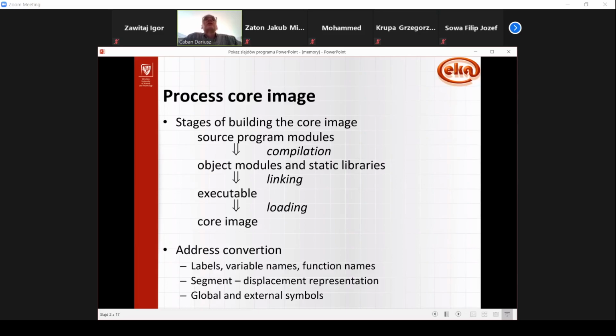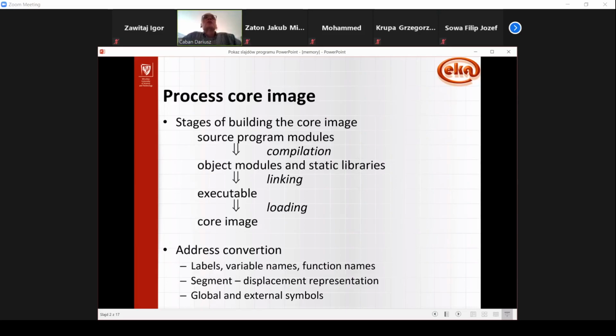Some of the addresses cannot be converted at this moment during compilation because you don't know where in the program the function or variable that you are referring to will be situated. That depends on where it was declared, probably. If it is in the same module, then you do know, but if it is in a different module, then you need to determine that later. Okay, so that is more or less how it works.